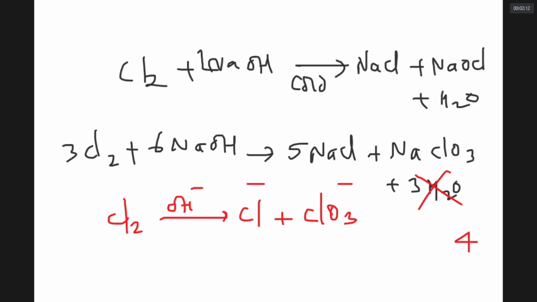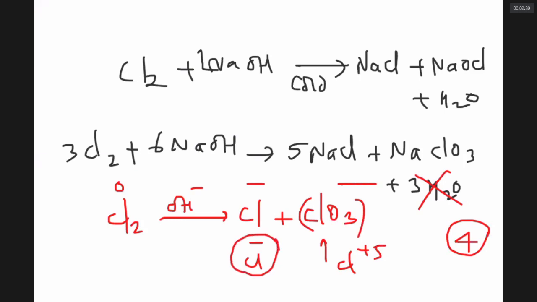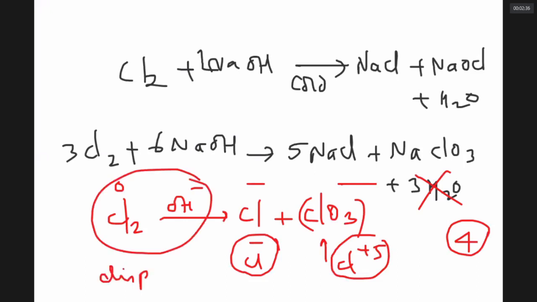In the ionic equation, the same element which is in zero oxidation state is becoming Cl minus, and here Cl is plus 5. Entire ClO3 has minus charge, but Cl is plus 5. If the same element is gaining electrons and losing electrons in any reaction, it is called disproportionation.